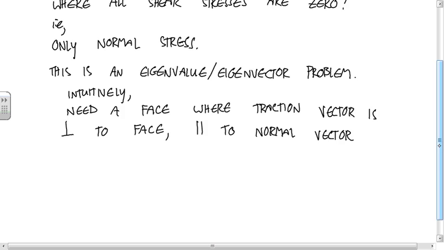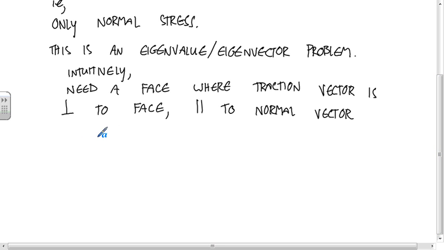So if you think about it that way, here's your stress tensor.